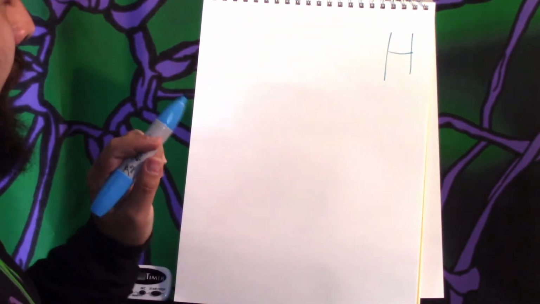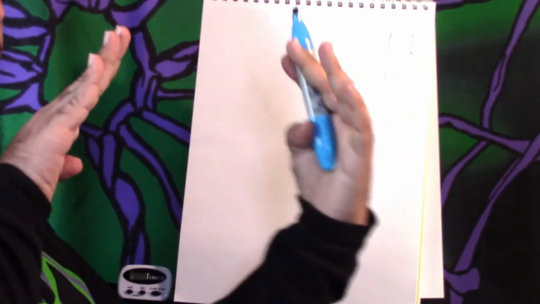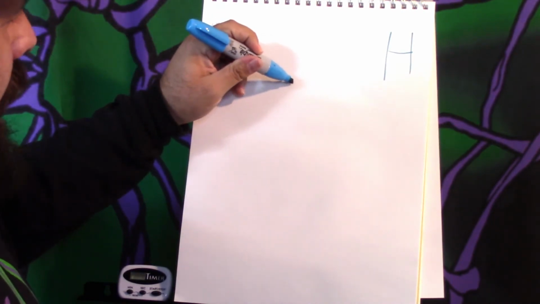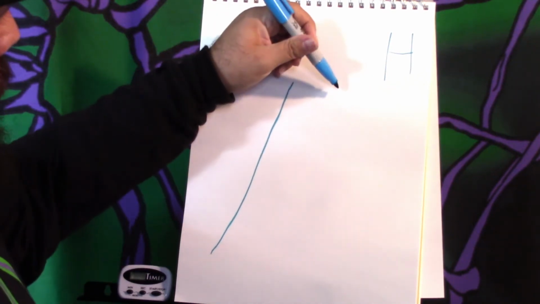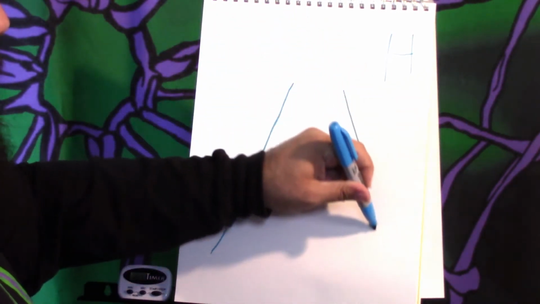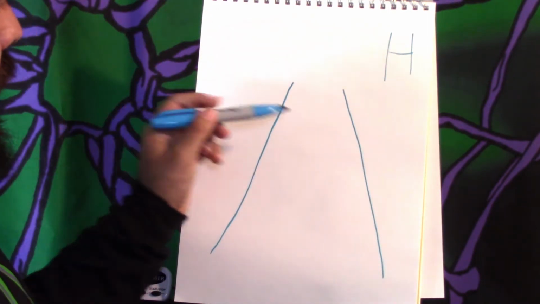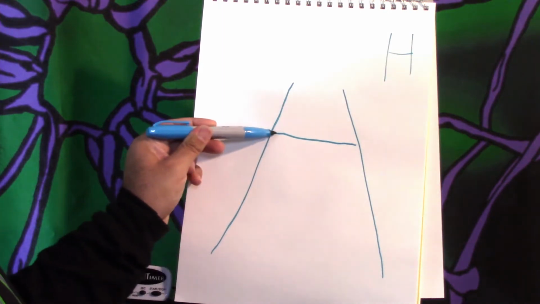Well, we're going to take that same H, but we're going to sort of spread the H wide, like this. So we'll start at the top, and we'll go wide, like that. And then we will put the line somewhere in here.